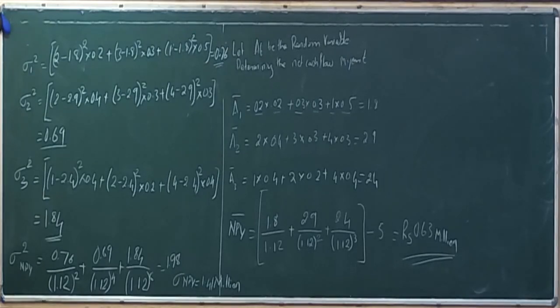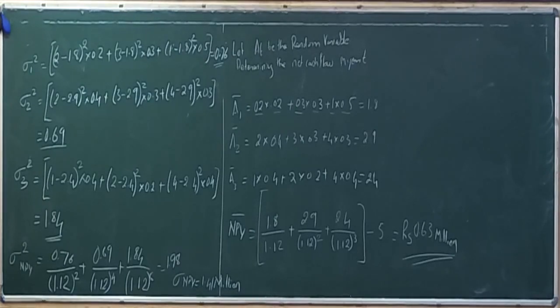So 1.8 divided by 1.12 raised to 1, plus the second year value 2.9 divided by 1.12 raised to 2, plus 2.4 divided by 1.12 raised to 3, minus 5, the initial investment of the project. The total value that we get here is rupees 0.63 million. So this is the expected net present value.